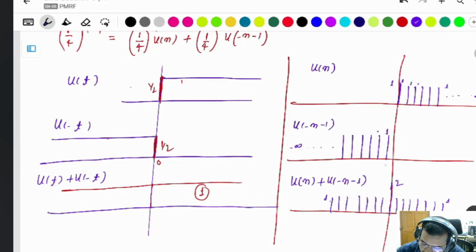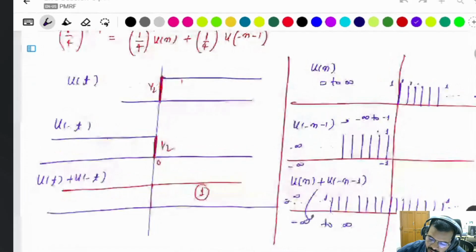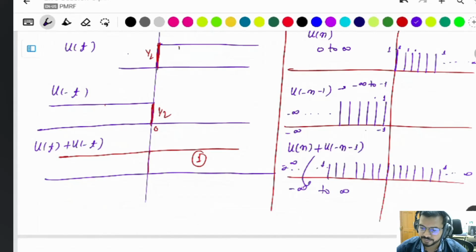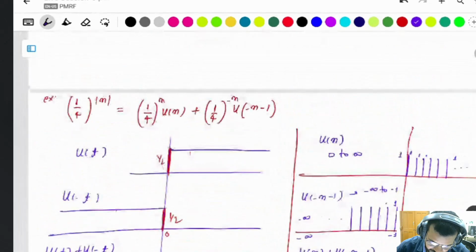This is not 0, this will be minus 1, minus infinity to minus 1. And this will be 0 to infinity. And at that time, this whole signal will be 1, minus infinity to infinity. That's why I chose u of minus n minus 1 here.